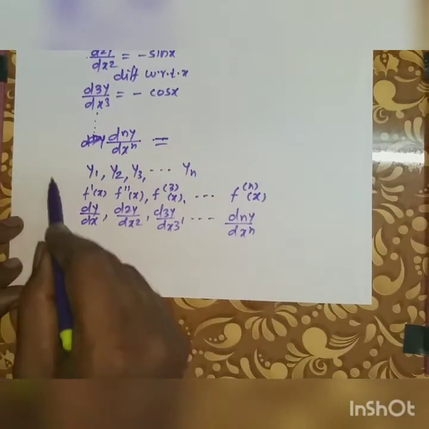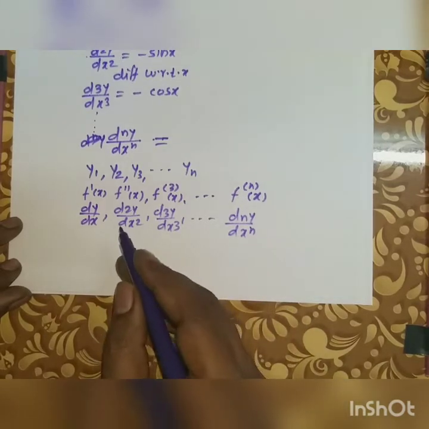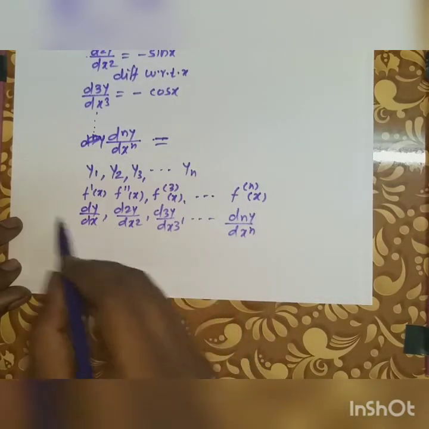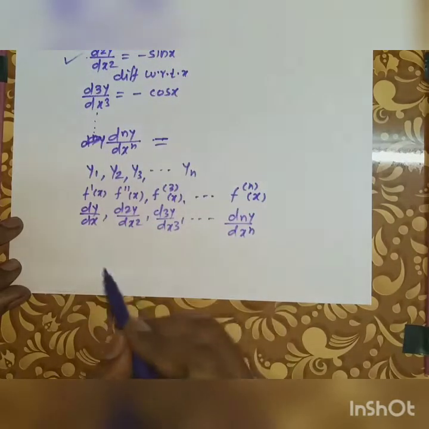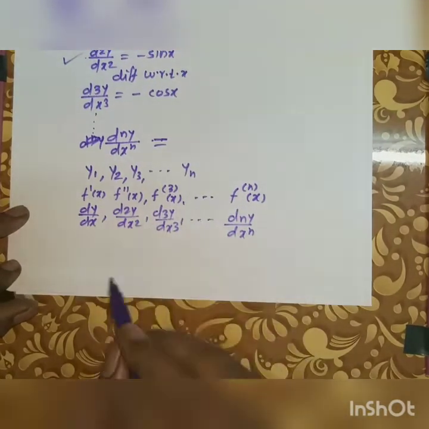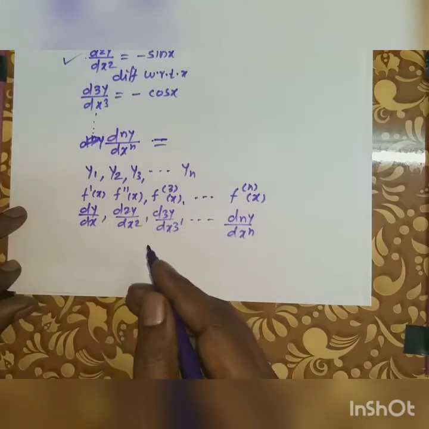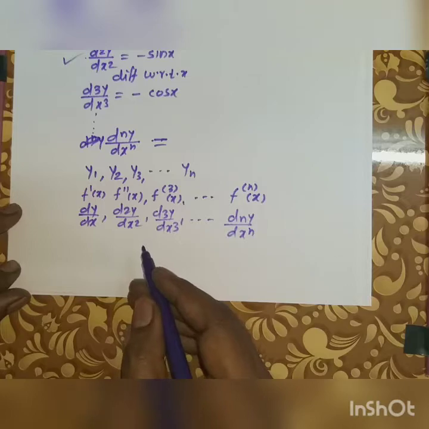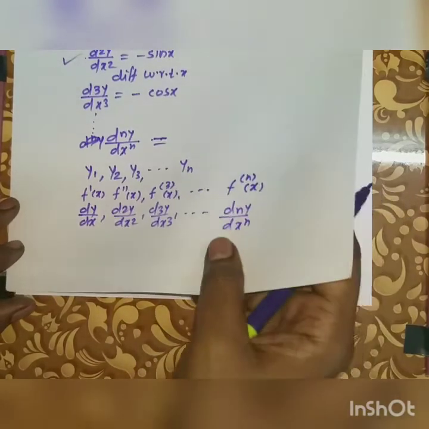We find the nth order derivative in this way, but in our text or syllabus we only find the second order derivative of the given functions. By taking some important examples from our text, we solve how to find the higher order or second order derivative.